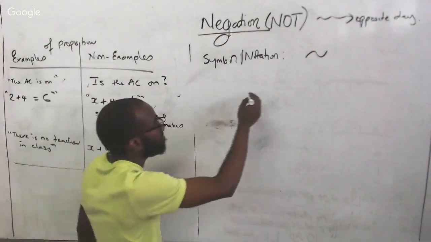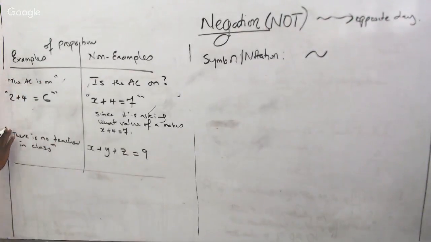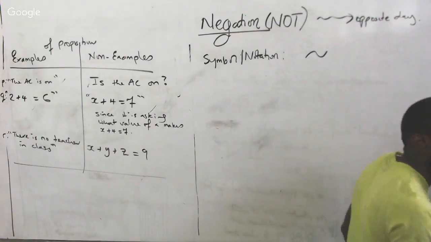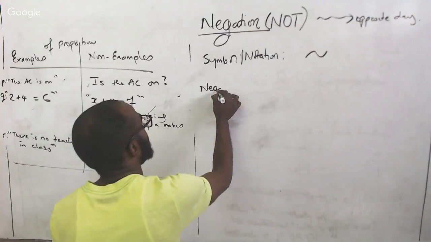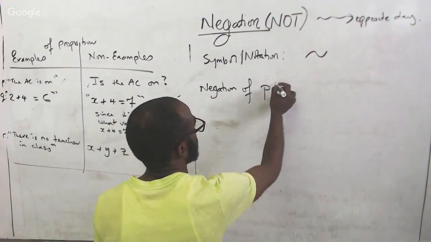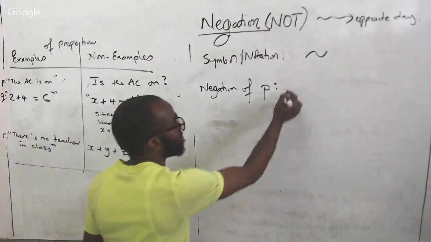So, in this case, let us say I had labeled these P, Q, R, right? Then, if I say the negation of P, what would that be? What would the negation of P be written as?